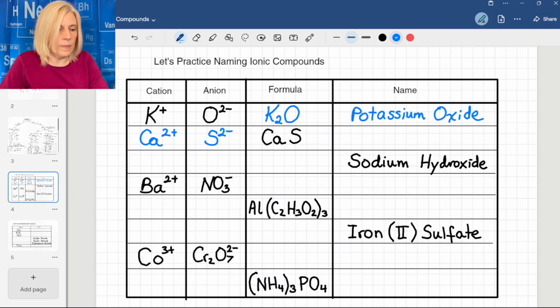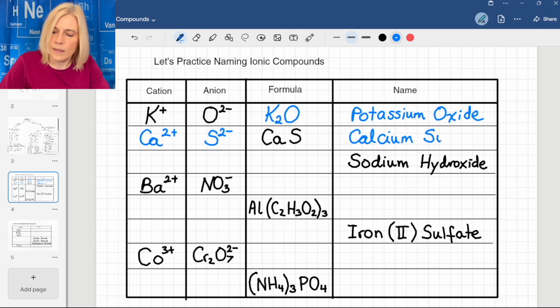And what is the name? Well, again, single cation, same as neutral elements, so calcium. And then single element anion, you drop the ending and add ide. Sulfide.